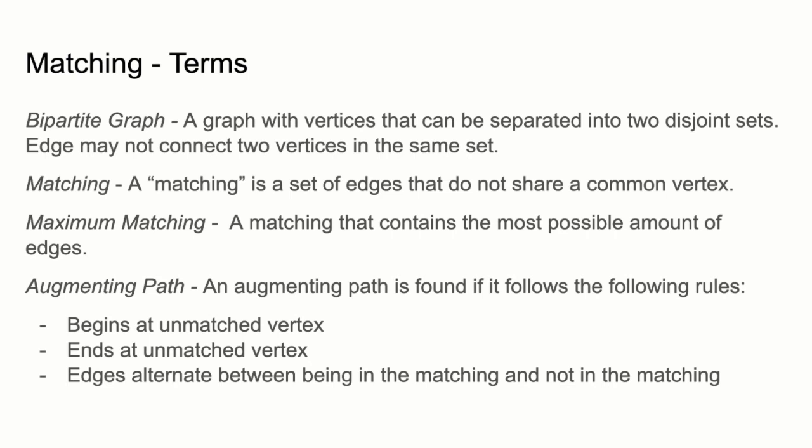So to find augmenting paths for matching, the path must begin at an unmatched vertex, it must end at another unmatched vertex, and the edges must alternate between being in the matching and not being in the matching. That's a little confusing, but we're going to go through it in a couple of examples.